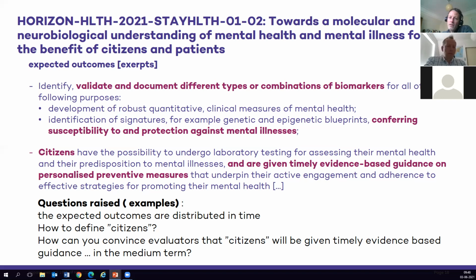So you would need to identify a group of citizens. That could be, for instance, people who work night shifts and are prone to mental health problems. And you would need to engage with them or their representative bodies.